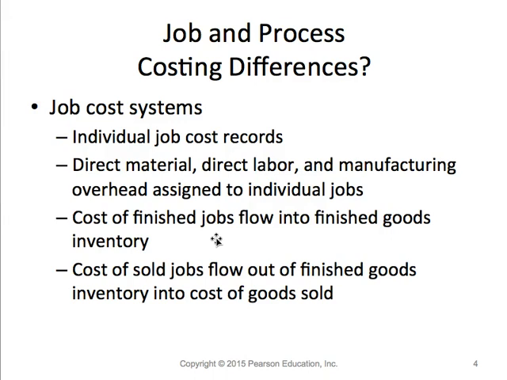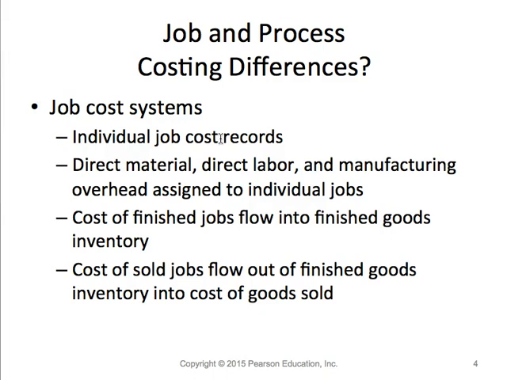So job and process costing, are they different? Yes, of course they're different, because job costing looks at the cost on individual job cost records. Remember in chapter 4 we have job 101, job 102, job 104, whatever number you have.